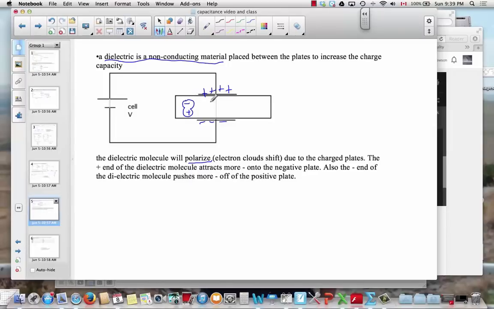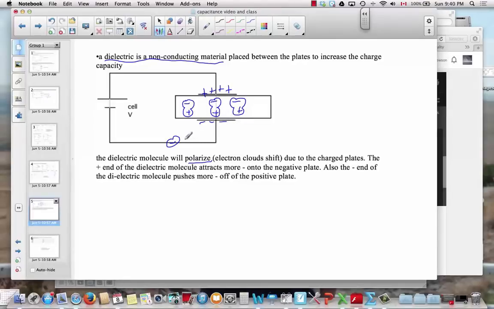So this shifting of the electron clouds, what it really does is you've now got essentially a little bit more positive charge down here than you had before. Now remember, the charge flow in the wire stopped because of the electric repulsion from these negative charges on the plate.